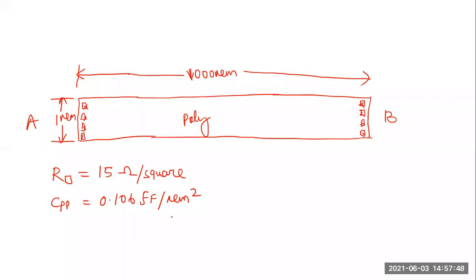And fringe capacitance, C fringe, is equal to 0.043 femtofarad per micrometer.